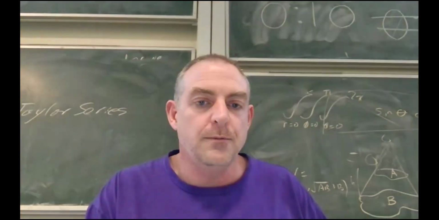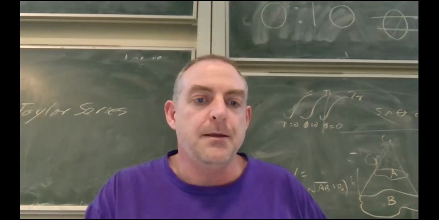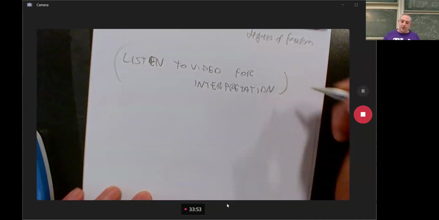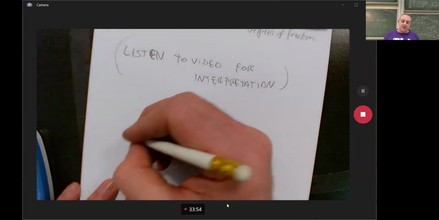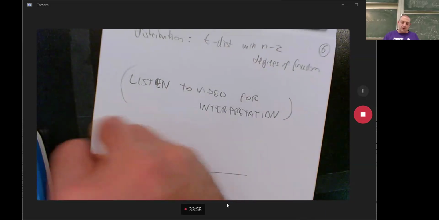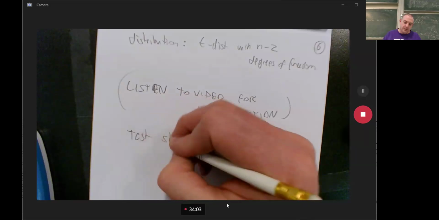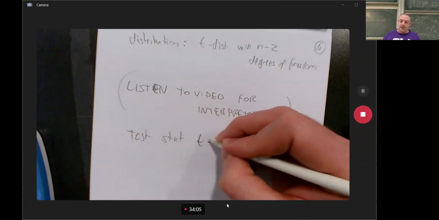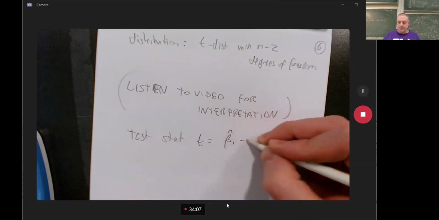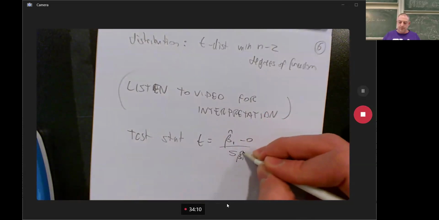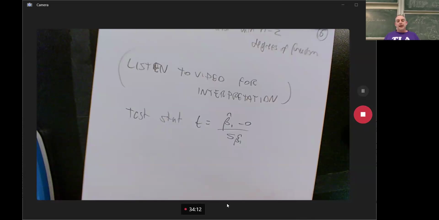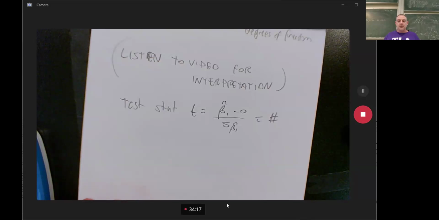So I'm just going to draw some of that stuff. The idea is that you'll get a t statistic, your test statistic, which we just had, that was my t. It'll come out to a number, and you'll know that it comes from a t distribution with n minus 2 degrees of freedom.